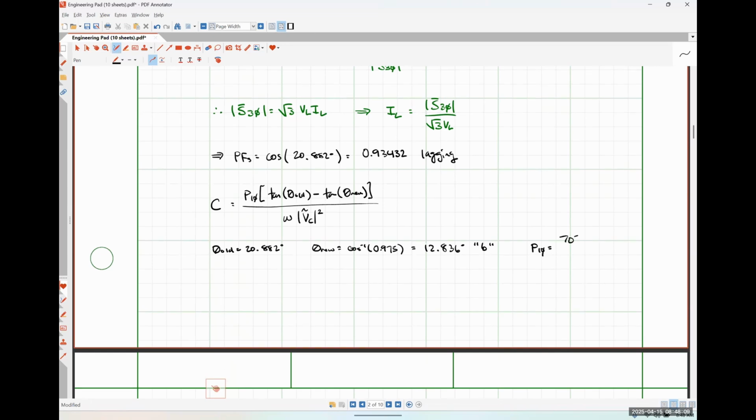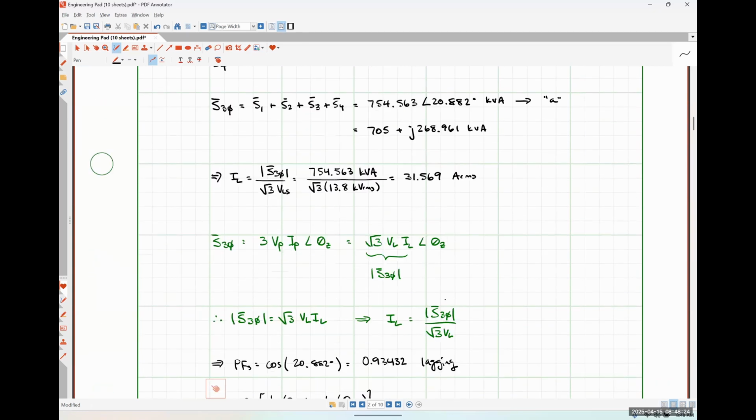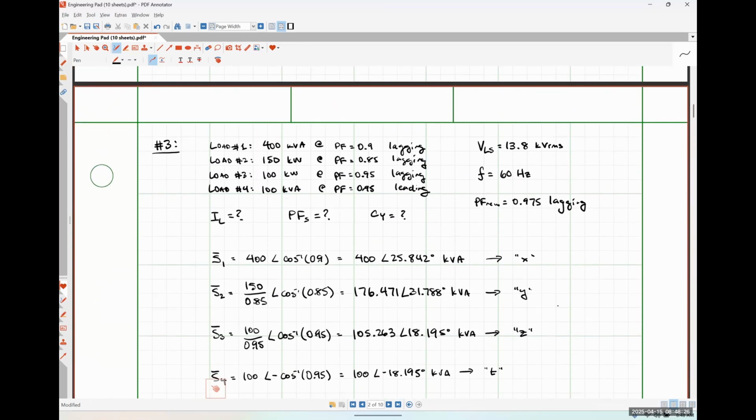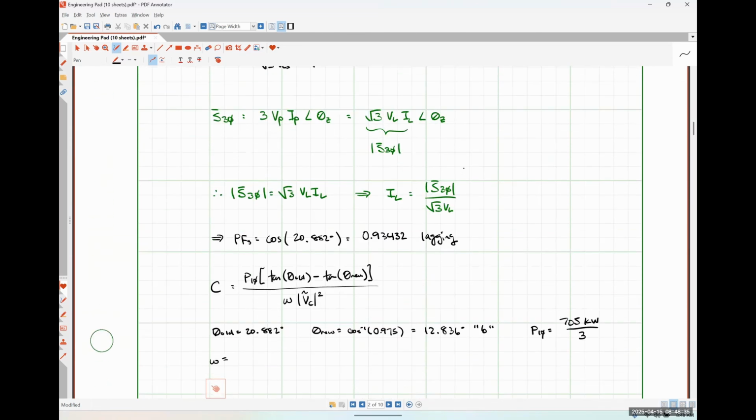So 705 kilowatts over 3. I'm just going to leave it like that for now. All right, what's omega going to be? So we were told in our problem statement that our frequency is 60 hertz. So omega is just 120 pi, 2 pi times f. Absolutely right.